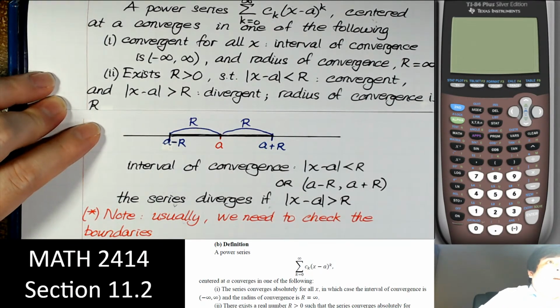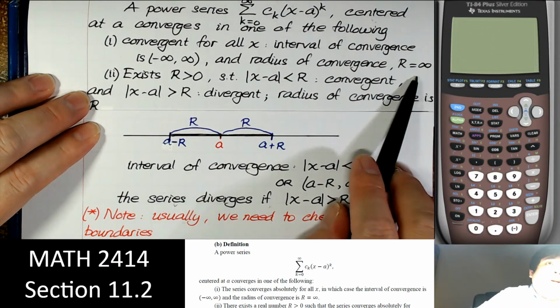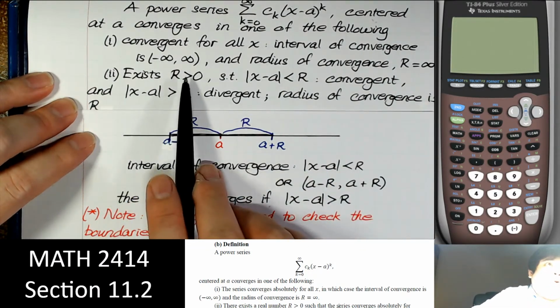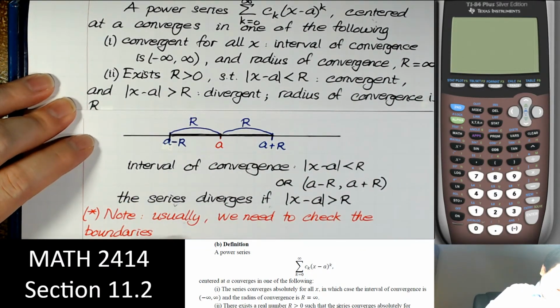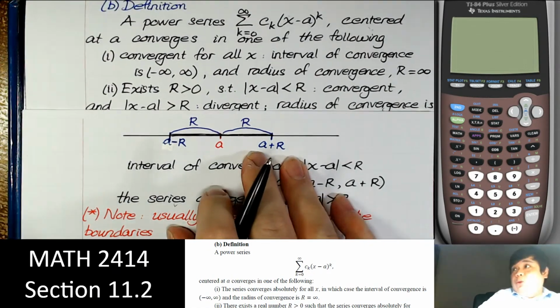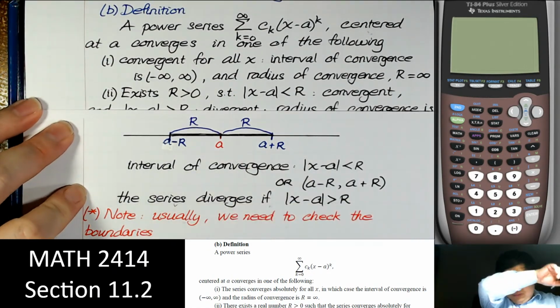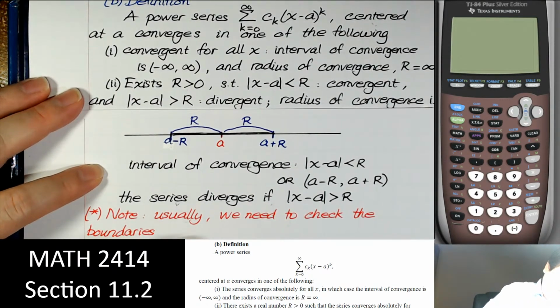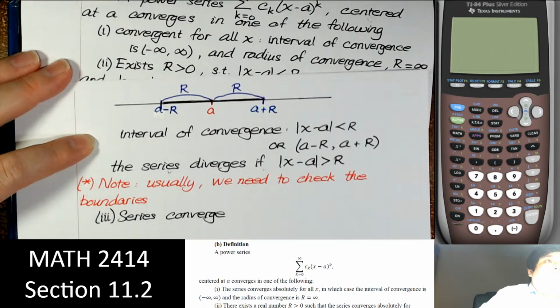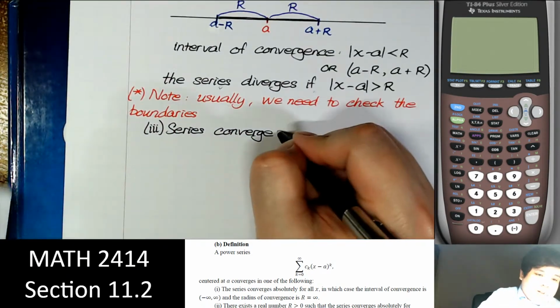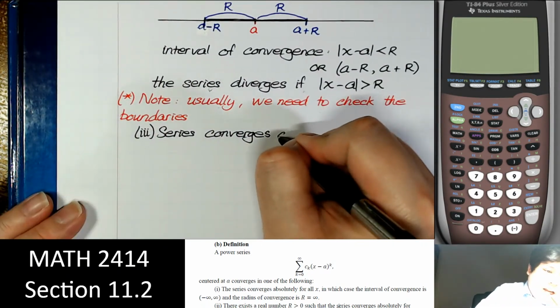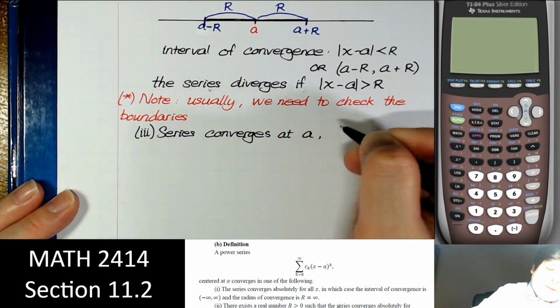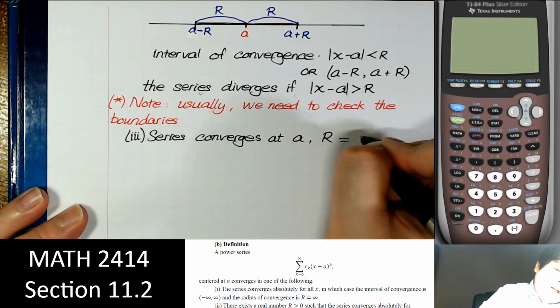And so there will be three cases. First, the radius is equal to infinity. Next, it is equal to a positive number. And then last, it is equal to 0. The series may just converge at a, in which case r equals 0.